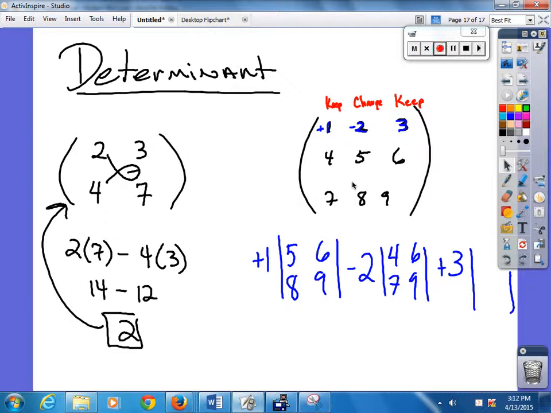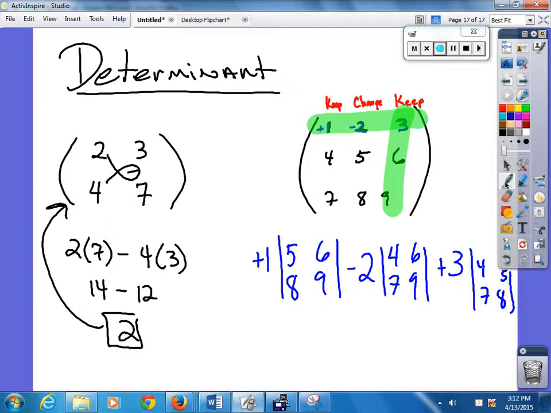Now I'm going to do 3. What does that leave? 4, 5, 7, and that. Now you do the determinant with each one, multiply and combine.